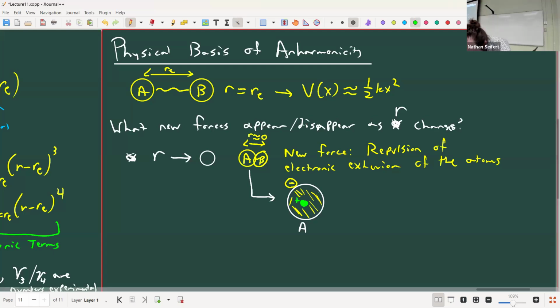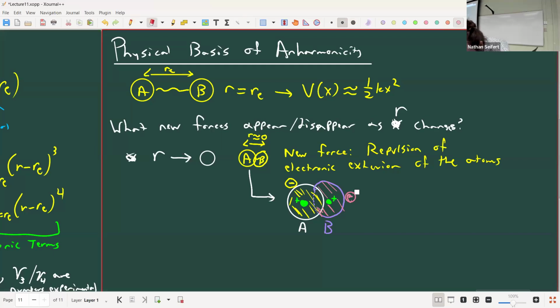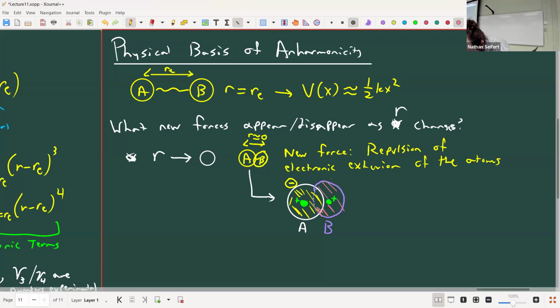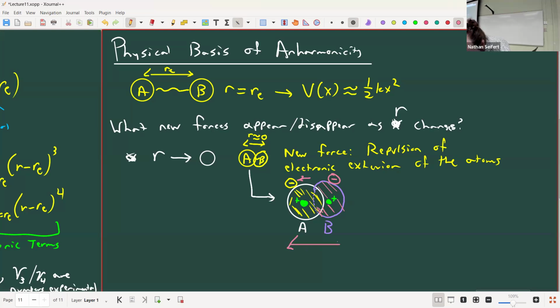And if I bring in another atom, here's my atom B. It also has this positive charge inside of it, but it's also surrounded by a bunch of negative charges. Sorry, that's a minus charge. And what do we know about two minus charges? They want to spread apart. They repel each other. So we have electrostatic repulsion.